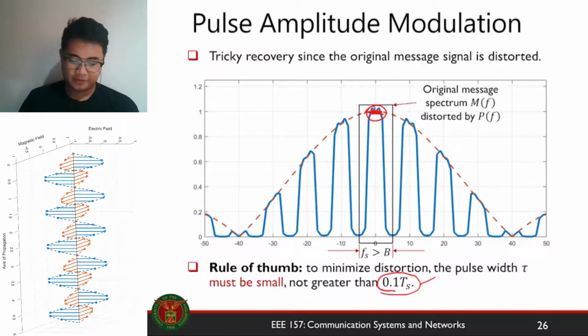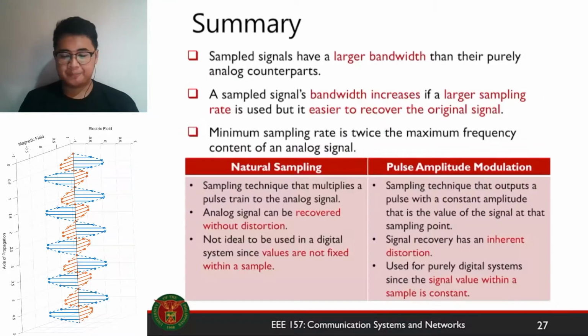Just to summarize, your sampled signals have a larger bandwidth compared to their purely analog counterparts. We've shown this by looking at the frequency spectrum of your analog signal and your sampled signal. A sampled signal's bandwidth increases if you use a larger sampling rate, but it's easier to recover the original signal by low-pass filtering, since we're relaxing the requirements of the low-pass filter.